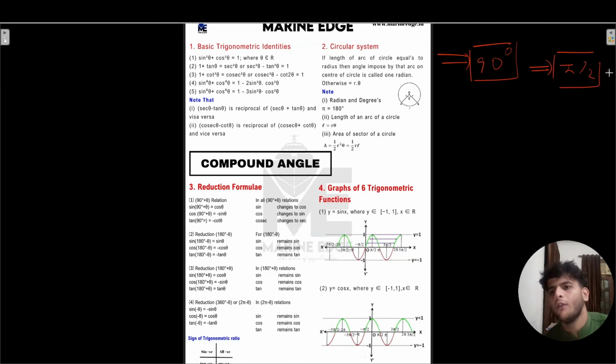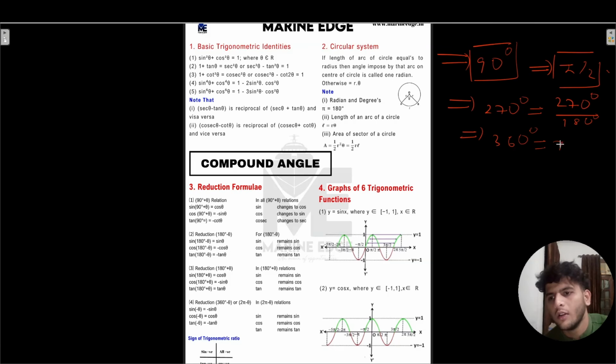We know that the value of 180 degrees is equal to pi. Similarly, 270 degrees and 360 degrees can also be understood in the very same way. 270 degrees divided by 180 degrees is 3 pi by 2. 360 degrees divided by 180 degrees is equal to 2 pi. Yes, so I think everybody can understand this.